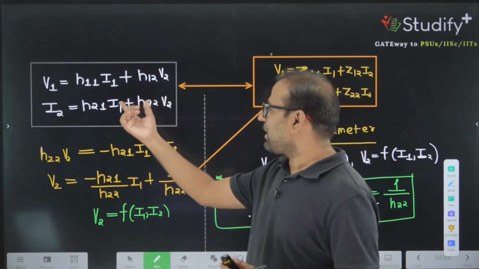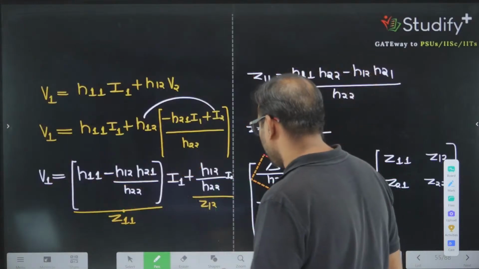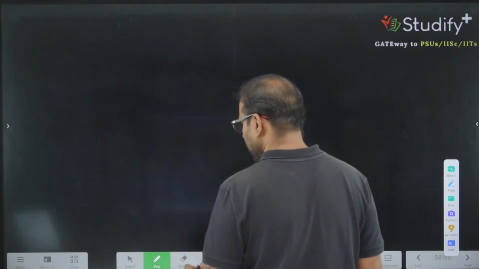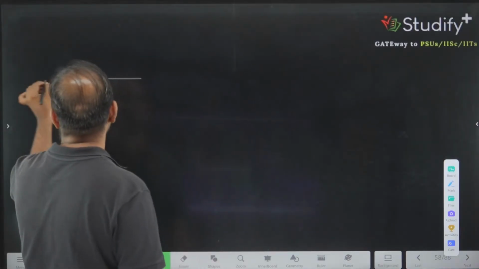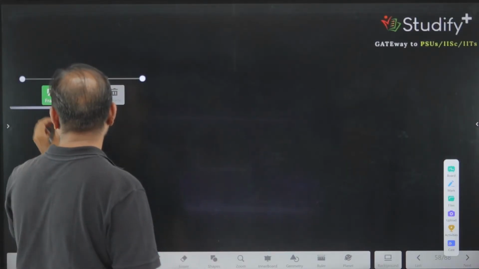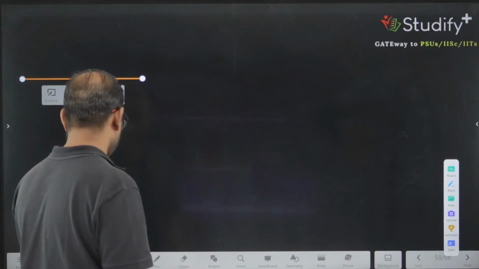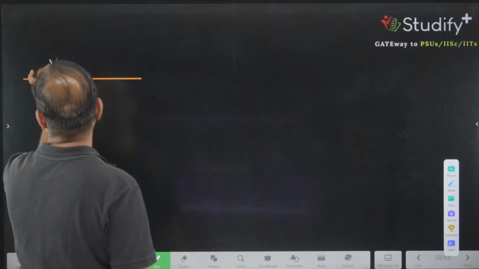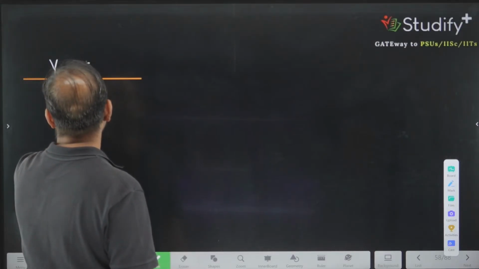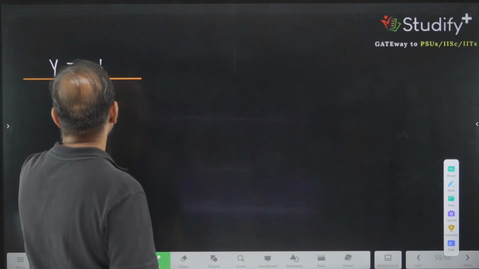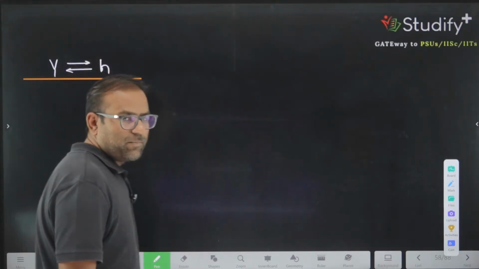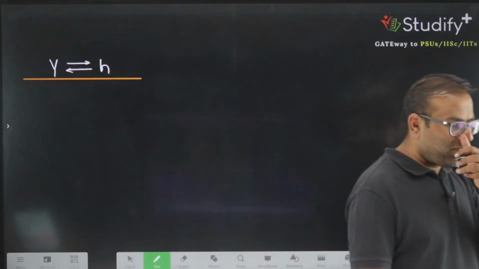From this theory you can write, suppose I want to establish a relationship between y and h parameter.